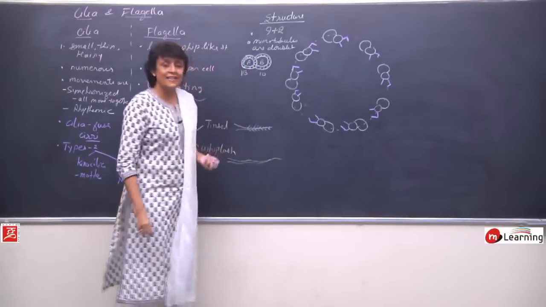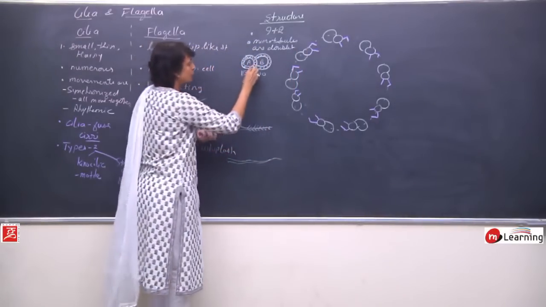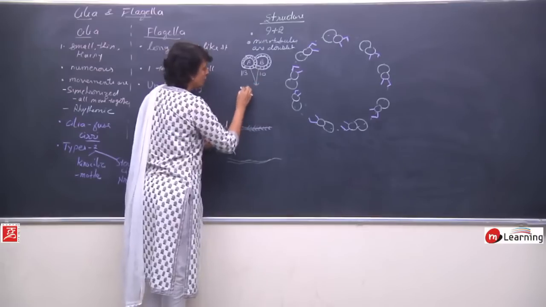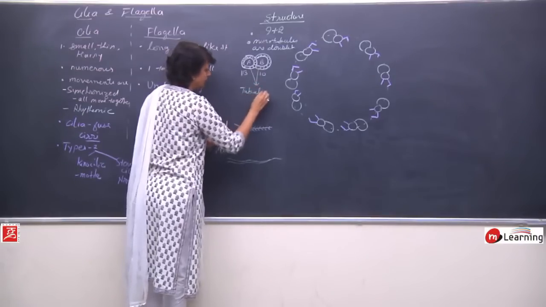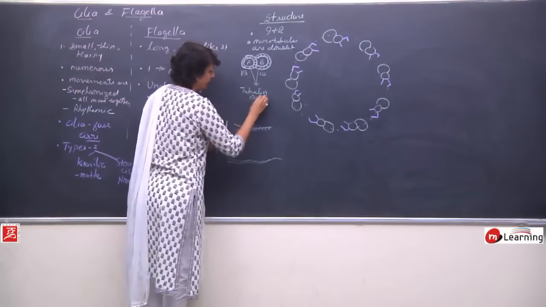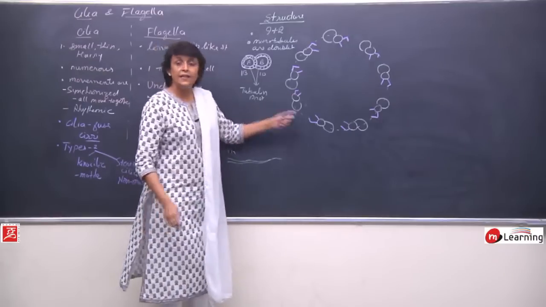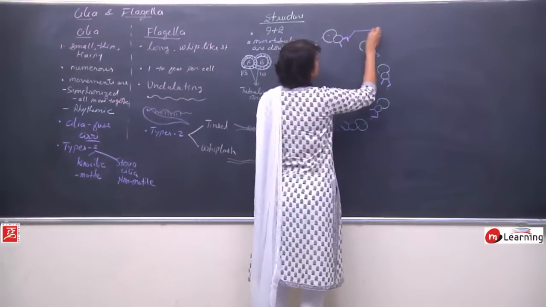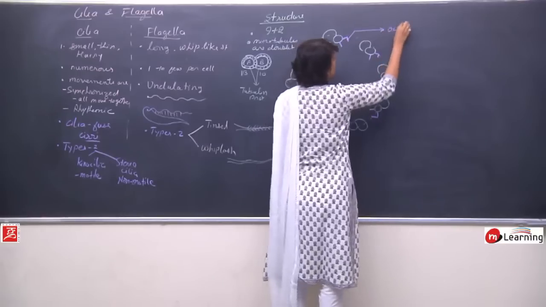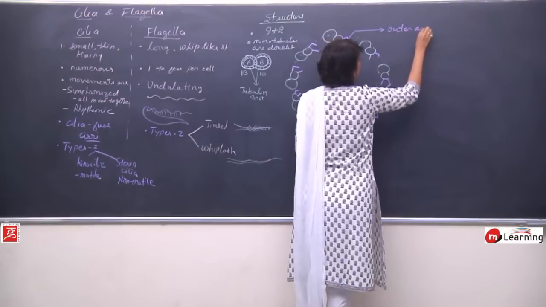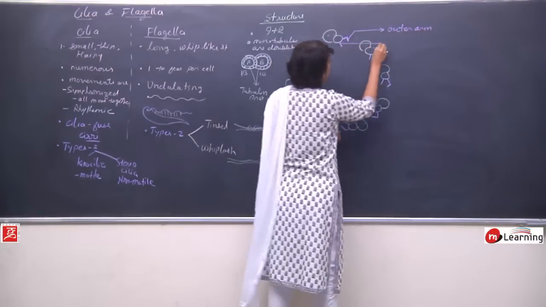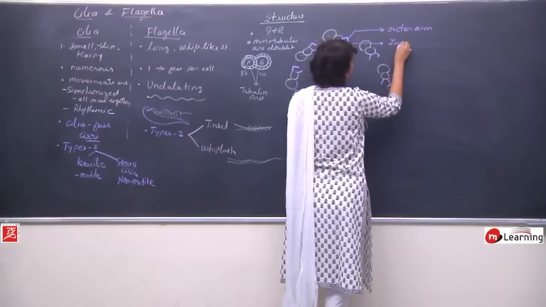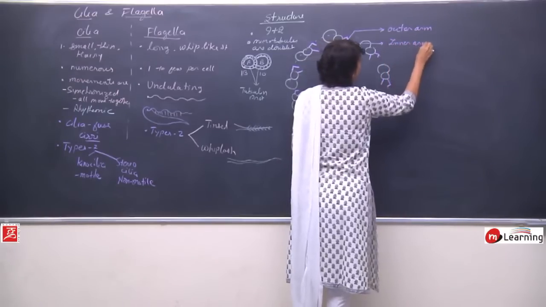So, from A arise two arms. These two things are made up of tubulin protein. These arms, inner and outer arm, are made up of dynein protein. This is the outer arm and this is the inner arm.